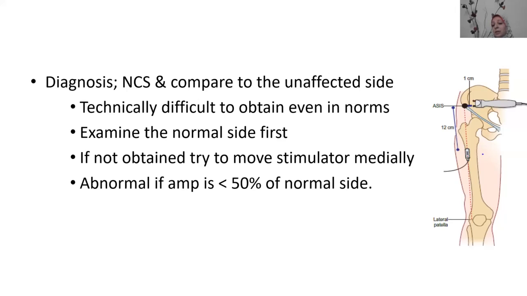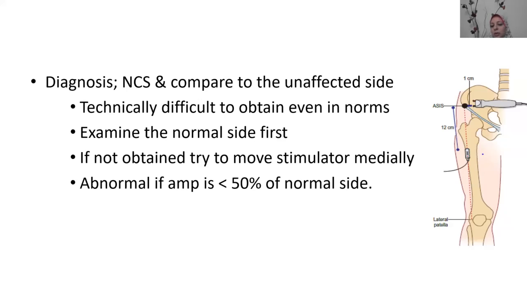It's technically difficult to obtain this nerve, especially in obese patients. Also, it may be absent in normal individuals. So it's advisable to do the normal side first, as if it is absent, most probably the affected side also will be absent, so we can't compare to the other side.